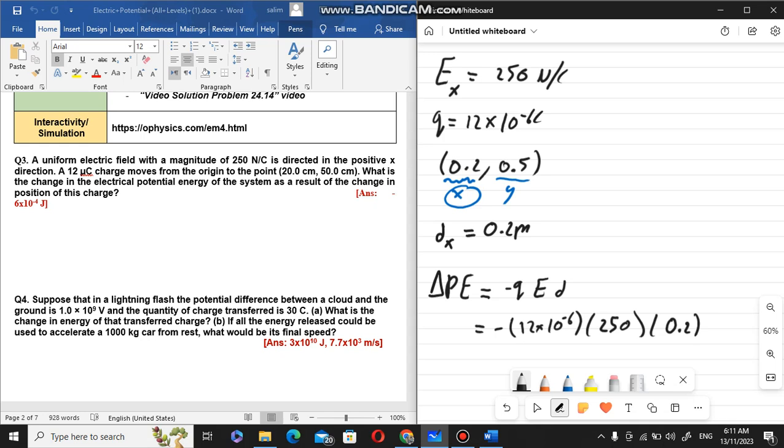If it was opposite to the electric field, we would put it as negative displacement. This gives us minus 6 times 10 power minus 4 joules. So it loses potential energy since it is moving in the same direction as the field, and it is a positive charge.